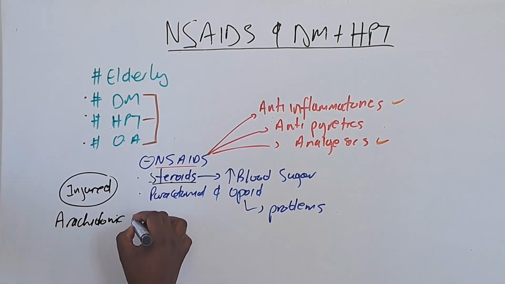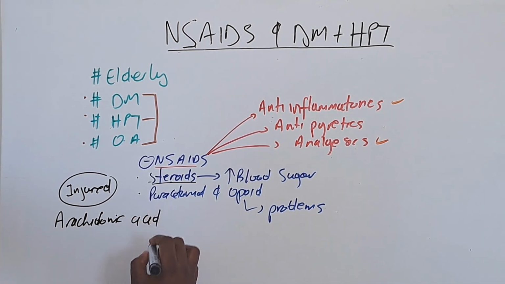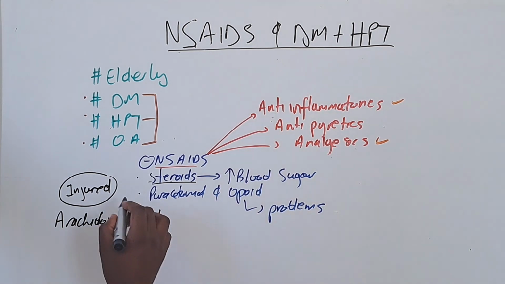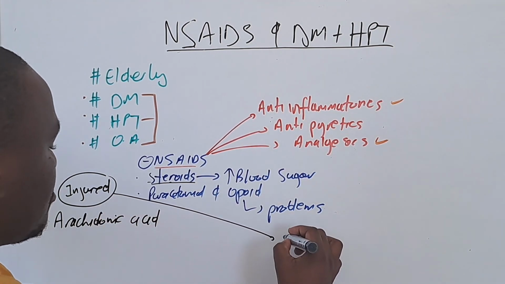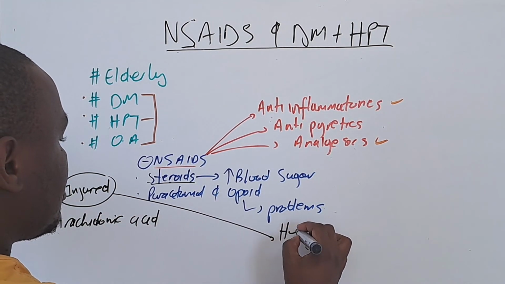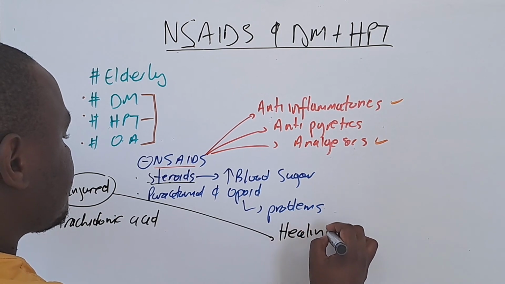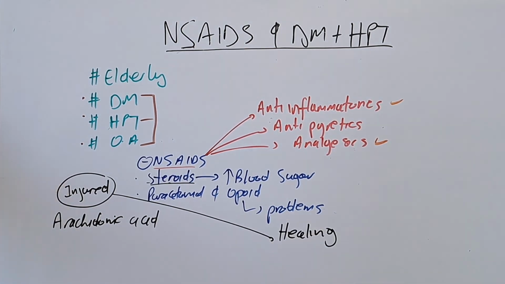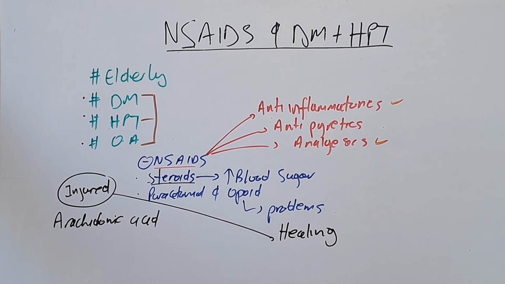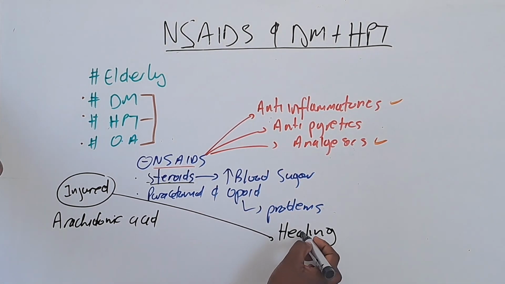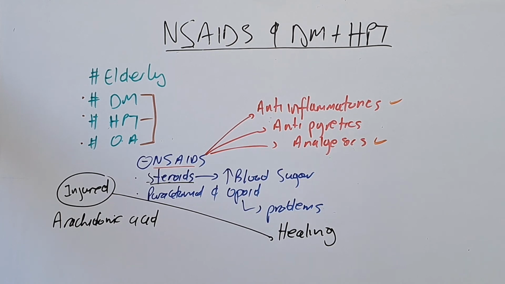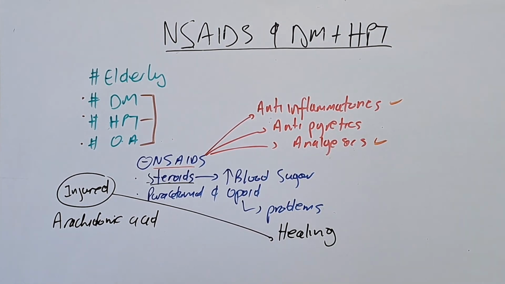When you are injured, you want to get better. You want healing. Now, for healing to take place, you need inflammation. Inflammation is the first process, or the first step into healing.